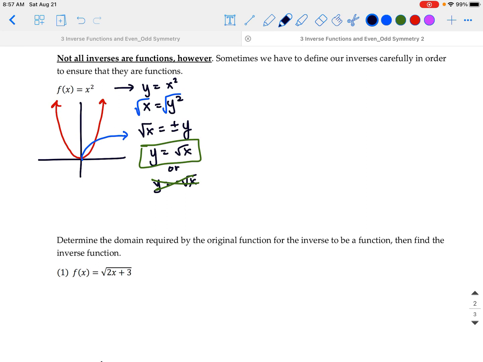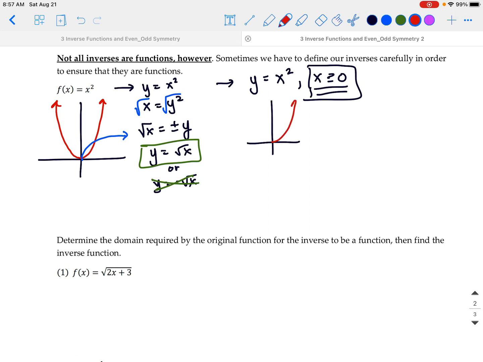So that means that we need to redefine our original function. So y is equal to x squared, where x is greater than or equal to 0. So that's going to be our restricted domain, which means that our new function is really just that positive half of the quadratic function. And then the inverse is going to be the square root of x. So f inverse of x is going to be rad x.